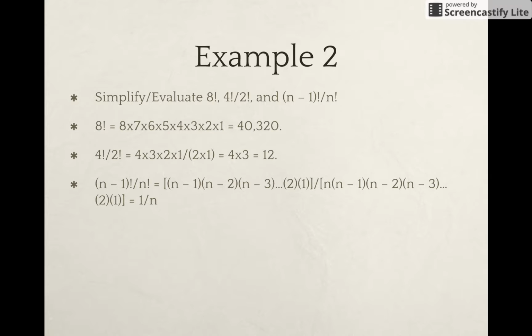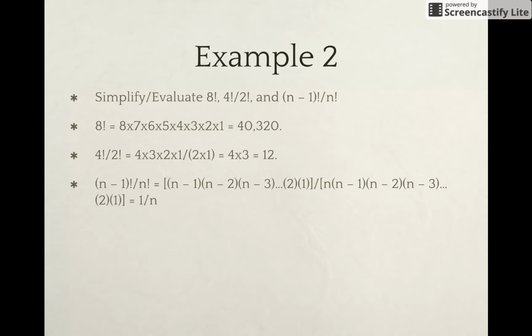Let's get a little comfortable with calculating factorials. We'll look at 8 factorial first. Just using the definition of factorial, we're going to multiply 8 times 7 times 6 times 5 times 4 times 3 times 2 times 1. That results in 40,320. Occasionally we'll come across calculations that require us to divide 2 factorials, like 4 factorial divided by 2 factorial.